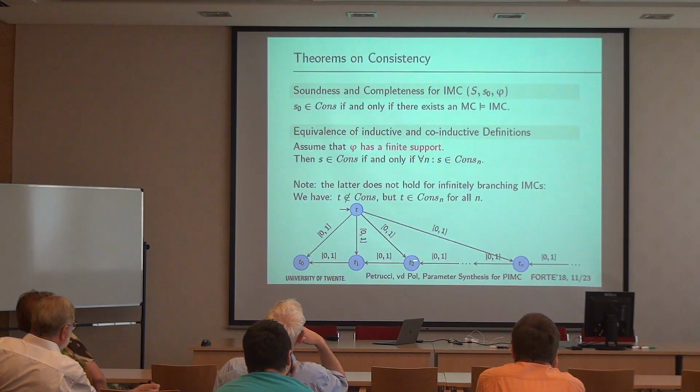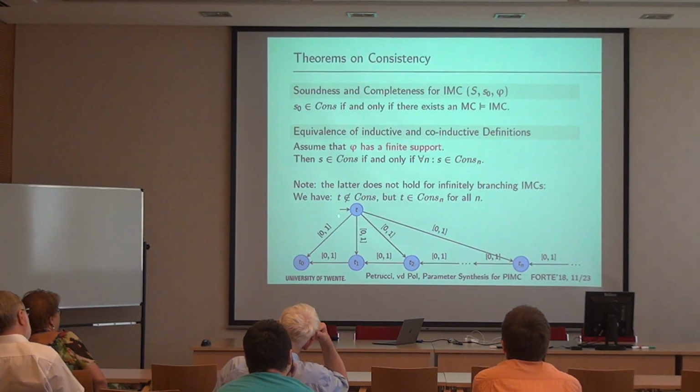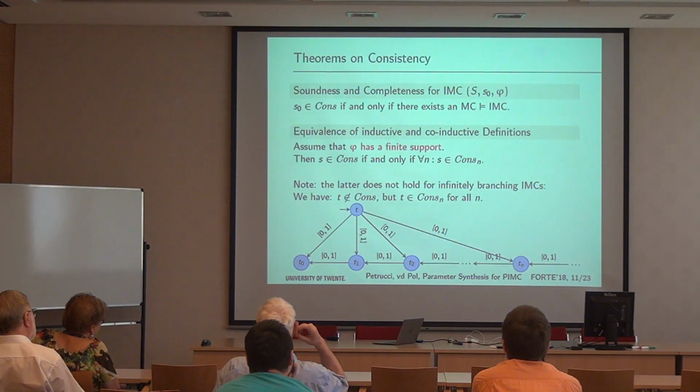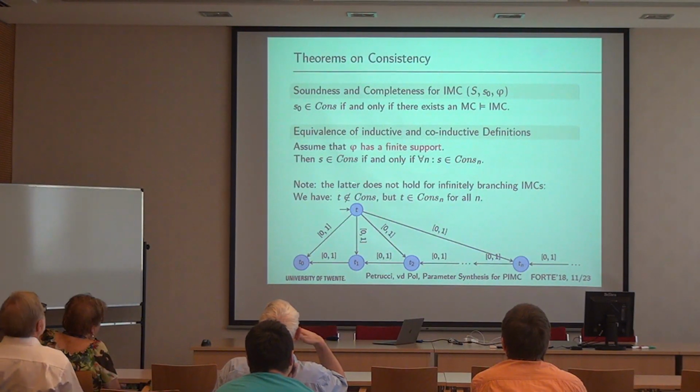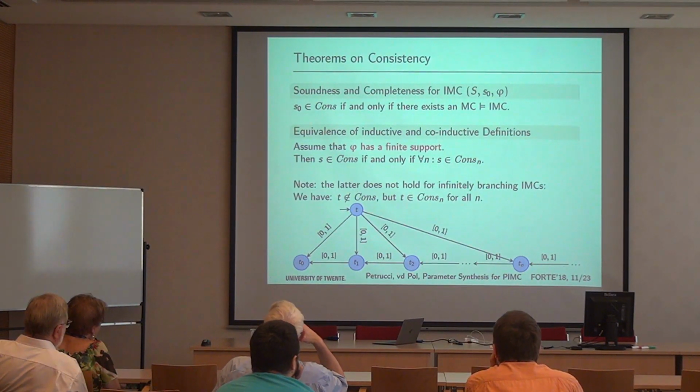In particular, if we take this example where we have an infinite number of states, t0, t1, etc., and a state t here, and we go from t to any of these with a probability in 0, 1, and then we can go down the chain to t0, you can see that t is not consistent in the sense of cons, but for all n, t is in cons n.